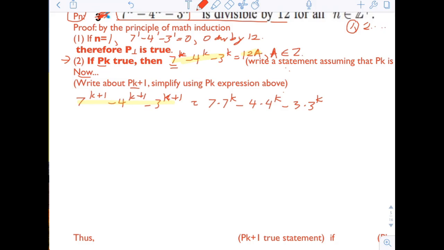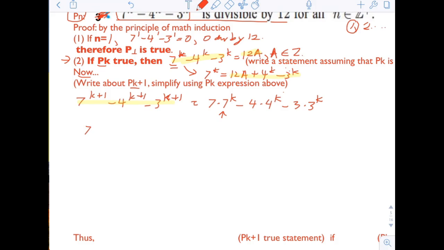All right. Now, let's substitute in for 7 to the k. What if we substitute in something based on this? So 7 to the k is equal to 12a plus 4 to the k plus 3 to the k, right? Let's see what happens.